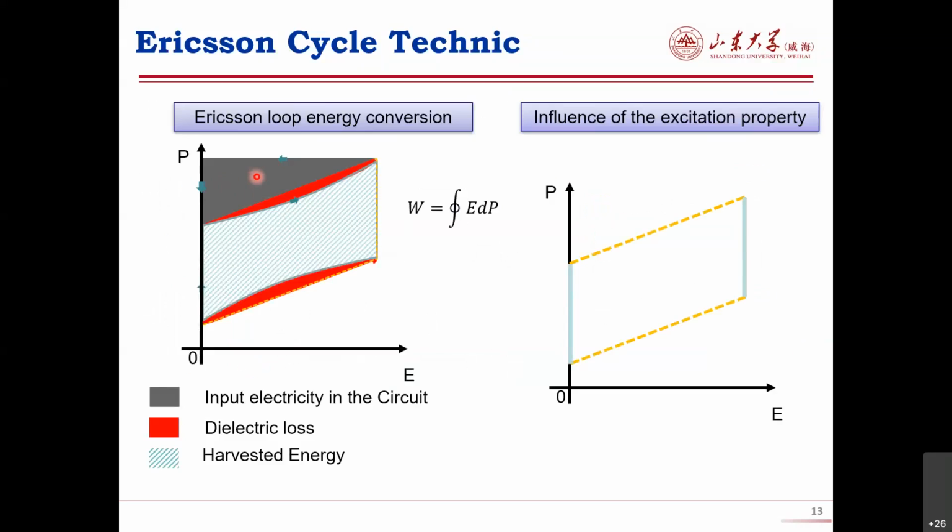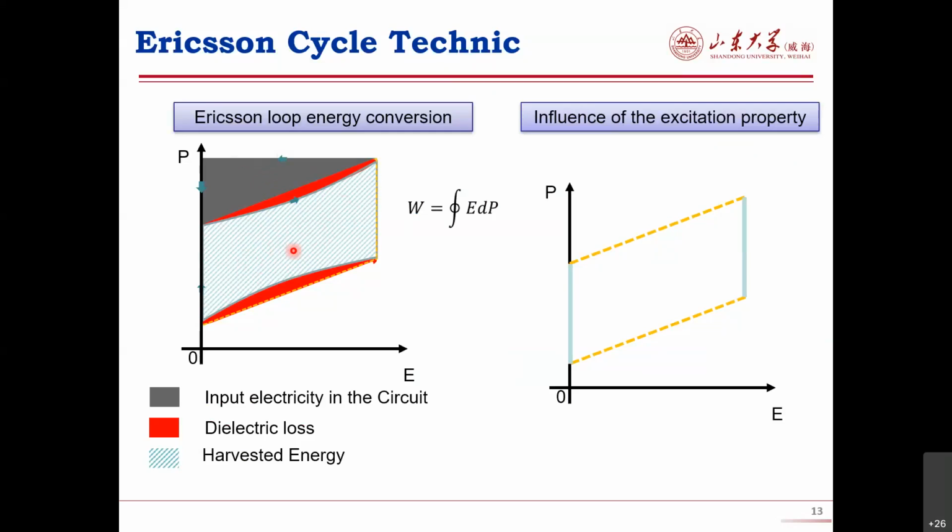We can see this curve, and in this gray part, that means the energy we impose on this system. And this blue area means the energy we harvest. Once this area is larger than this one, that means we are harvesting energy.